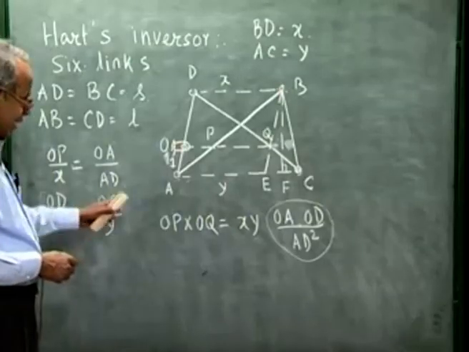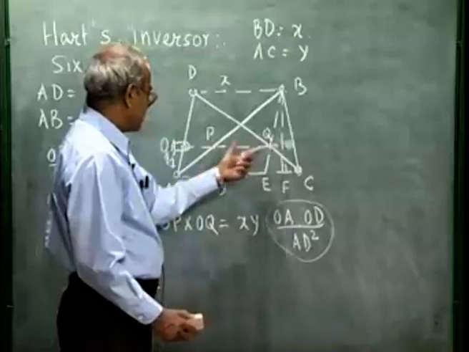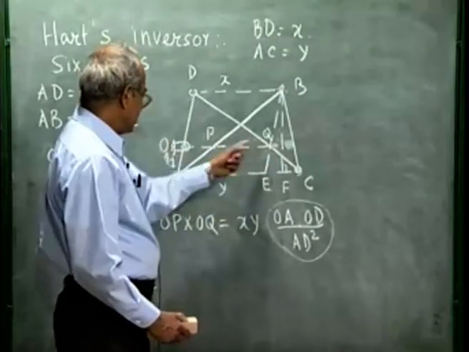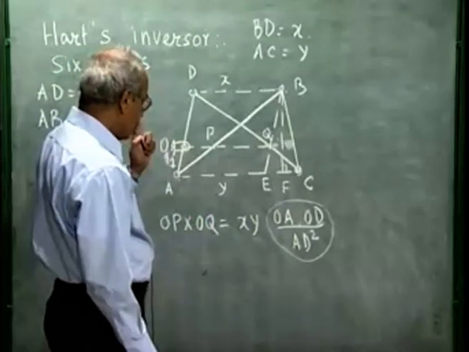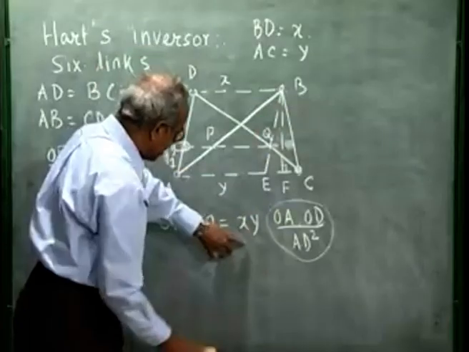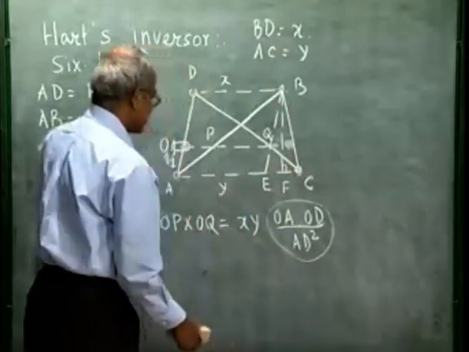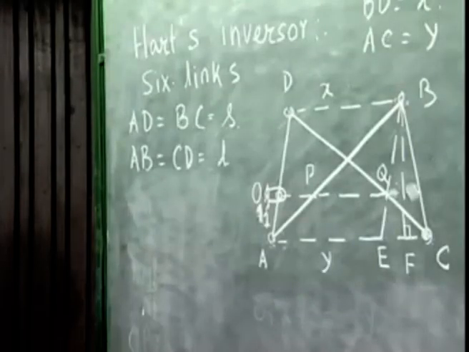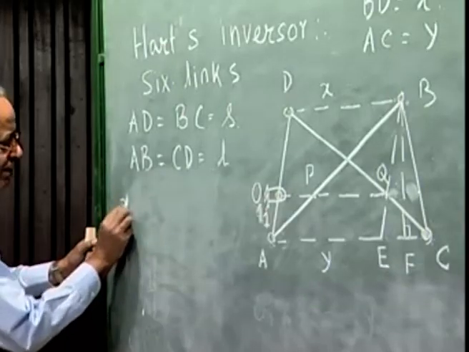So, to maintain the second condition of inversion, that as these points P and Q move, not only the line PQ passes through O, the distance OP into OQ remains constant, will hold good only if I can show that whenever this figure is deformed, this product XY, that is BD into AC, remains constant. Let me show that. That is quite simple. We have to show that XY remains constant.